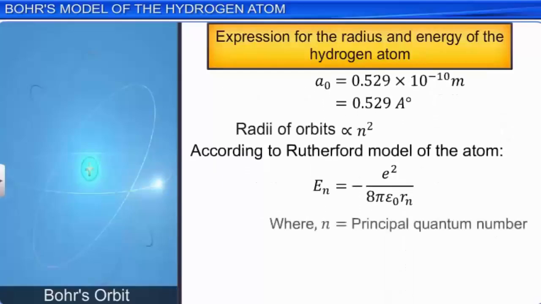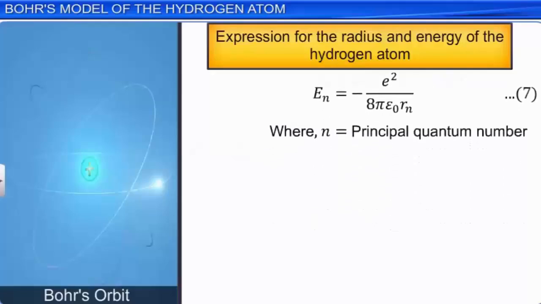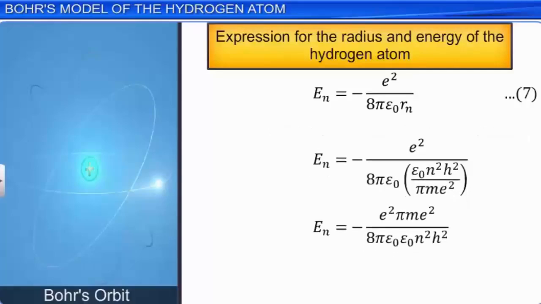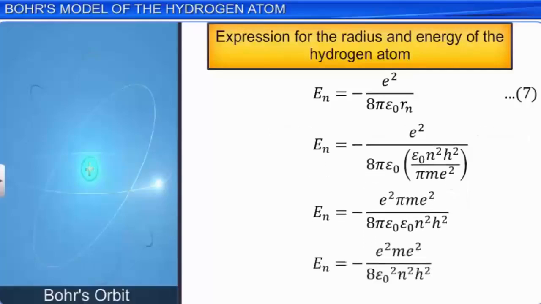Substituting the value of r_n and simplifying, we get E_n = −me⁴ by 8 n² h² ε₀².